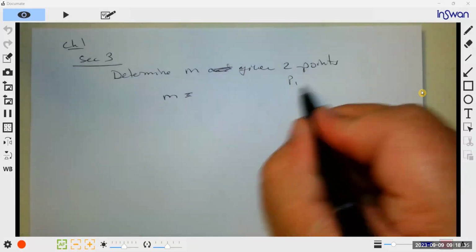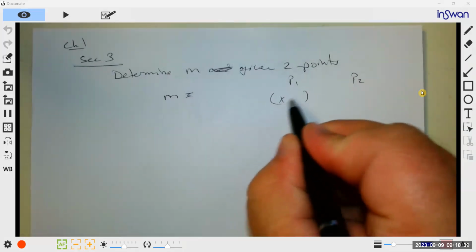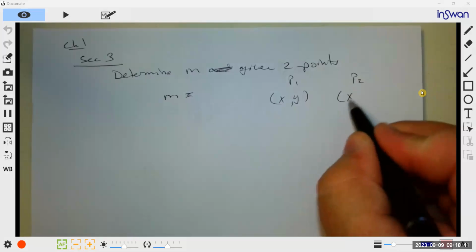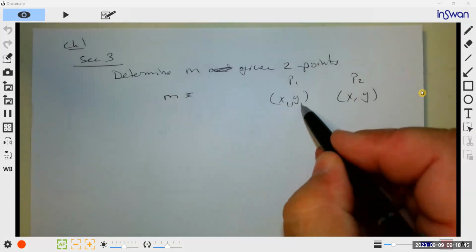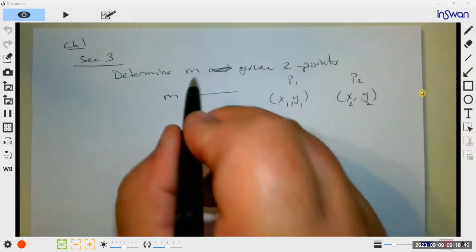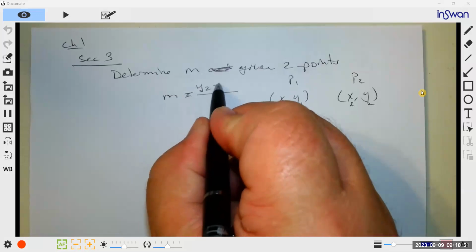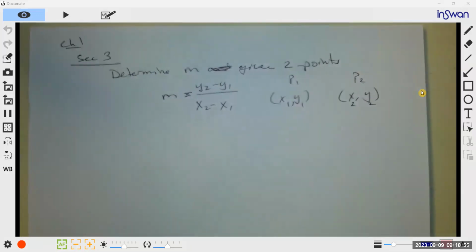Remember, we have 2 points. Each point is made up of an x and a y. Since this is the first point, that's x1, y1. That's the second point, that's x2, y2. The formula is simply y2 minus y1 over x2 minus x1.